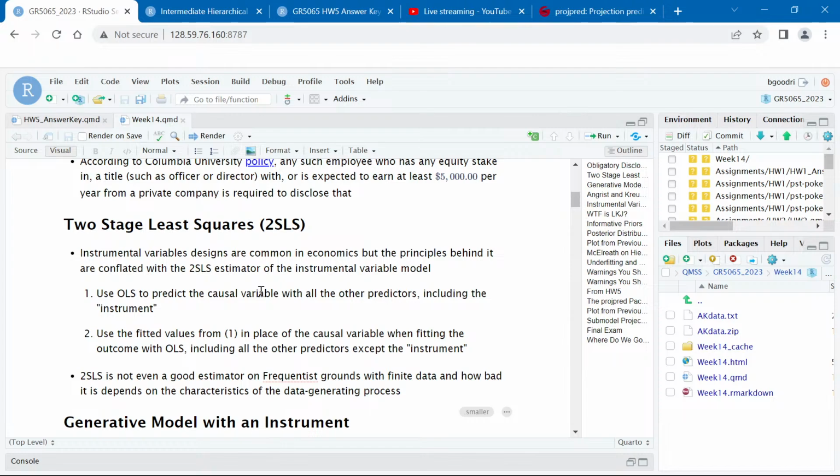So this estimator, it's not unbiased. It gets less bad as you get more data, but how bad it is for a given amount of data depends on characteristics of the data generating process. So you can't just look at the number of observations that you have or the number of predictors you have and come to some conclusion in advance as to how well this will work. It depends on what the true coefficients and variances and stuff like that in the population are, which you don't know.